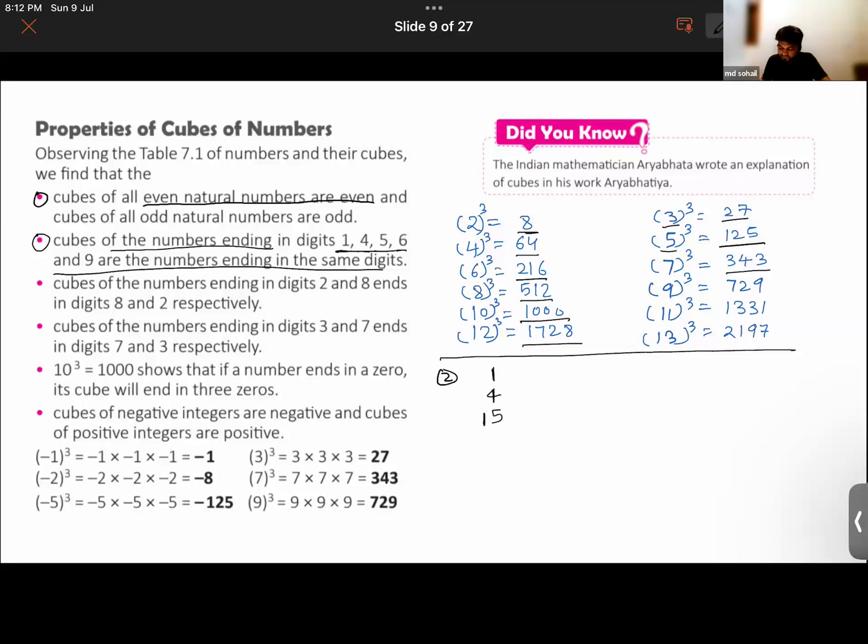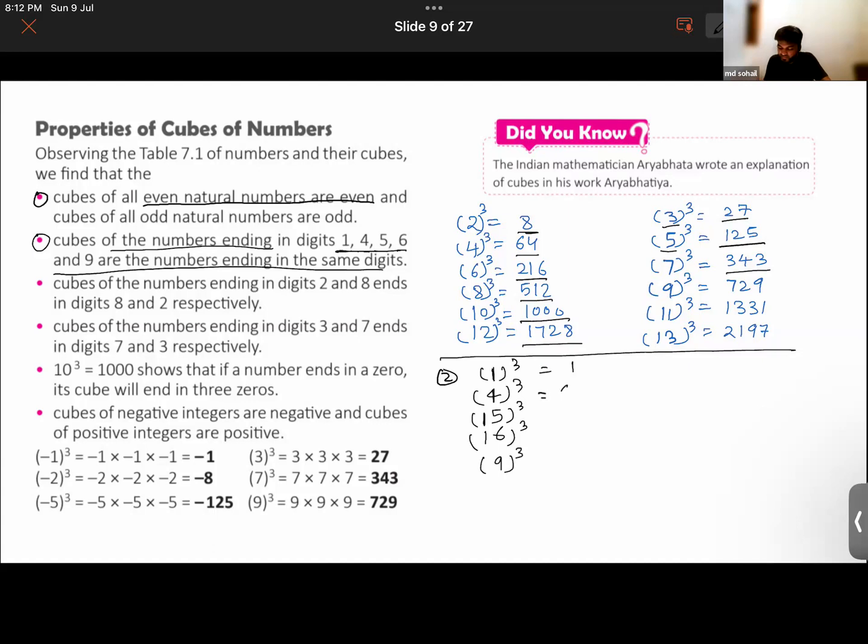We have taken numbers as per the property, and let's take another number, 9, as well. Now write its cube.